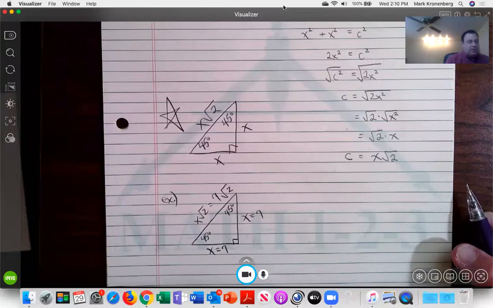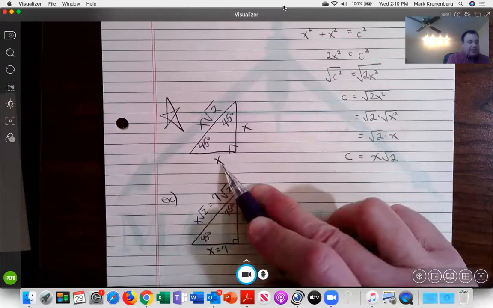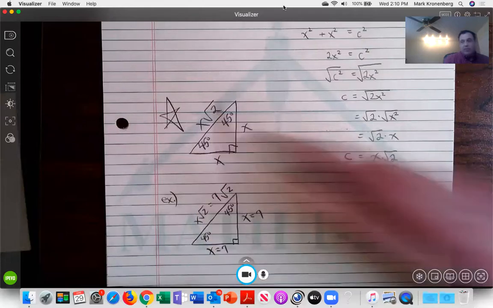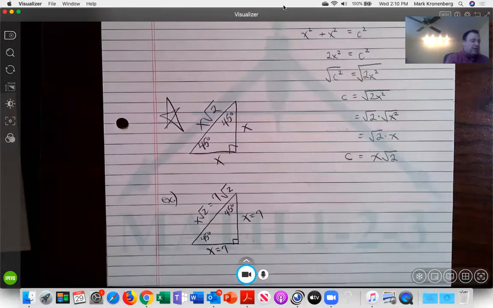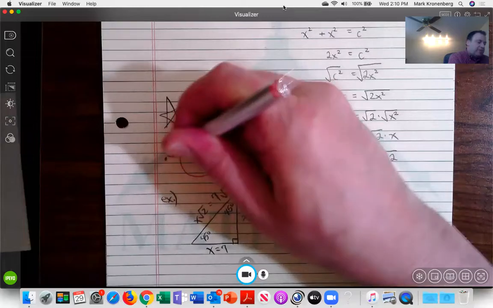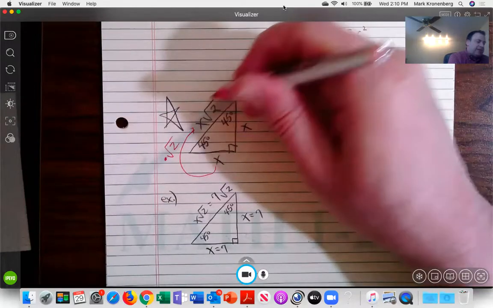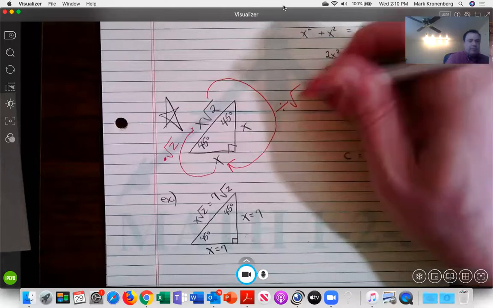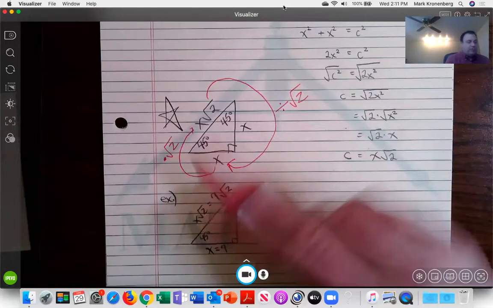But who says this has to be an integer here? What if we had an integer here instead? That's no problem, because we said to go from leg to hypotenuse, you'd multiply by root 2. So to go from hypotenuse back to leg, either one, you would divide by root 2. So if you have a whole number here, not a problem.